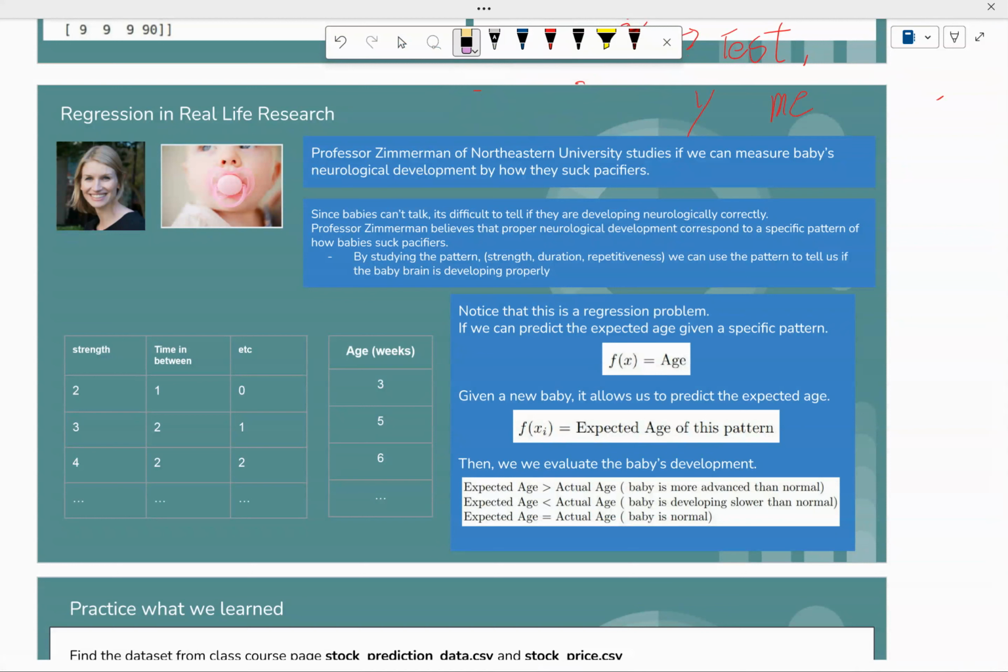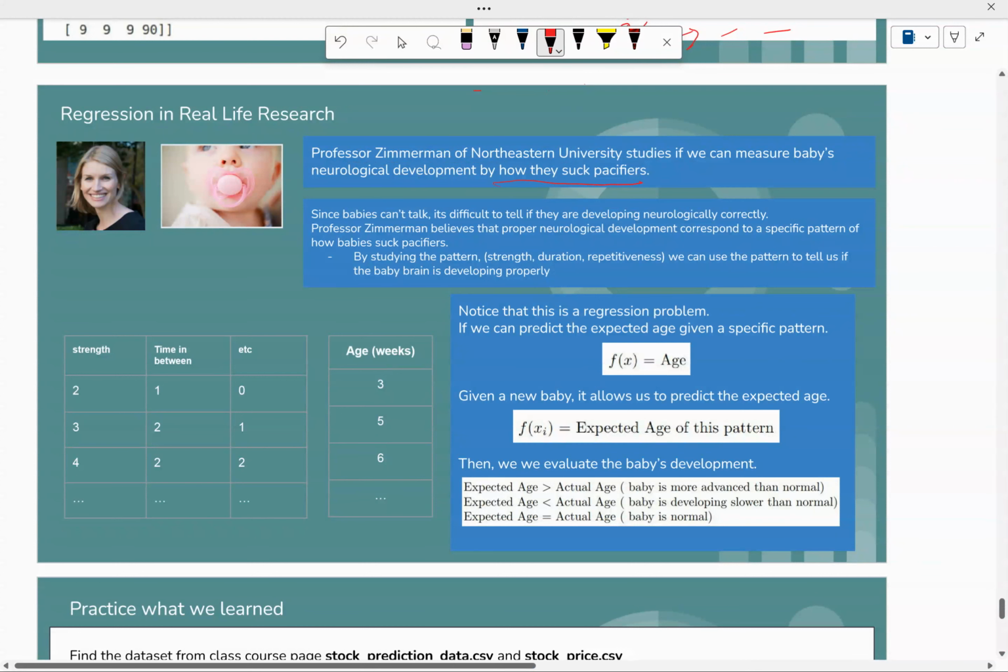And here at the university, I periodically like to highlight some of the work that I've done with professors around. So we have a professor here at Northeastern, and she studies babies' neurological development. She's part of psychology, and she studies them based on how they suck pacifiers.